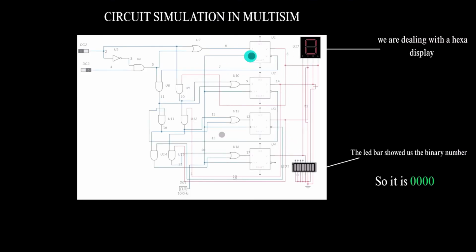This is the circuit simulation in Multisim, and this is our circuit, with this up and down input, and I set it to count up, starting from 0. This is the LED bar, which shows us what the binary number looks like. It's 0, and in binary it's 0 0 0 0. This is our clock, which is connected to the flip-flops, which are T flip-flops.